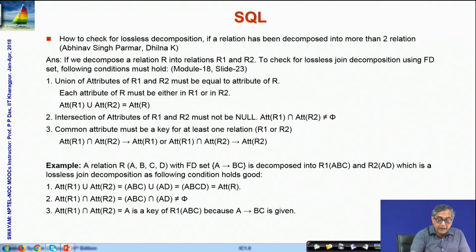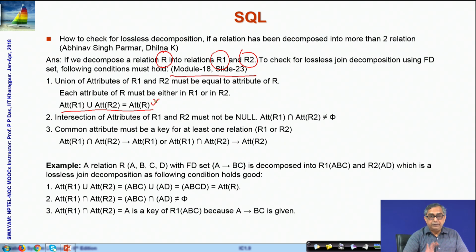If you go back to the slide, you will see the same thing, but just to highlight the discussion here: if R has been decomposed into R1 and R2, then naturally we need that the union of the attributes of R1 and the attributes of R2 must make the whole attribute set of R, otherwise it is not a decomposition.